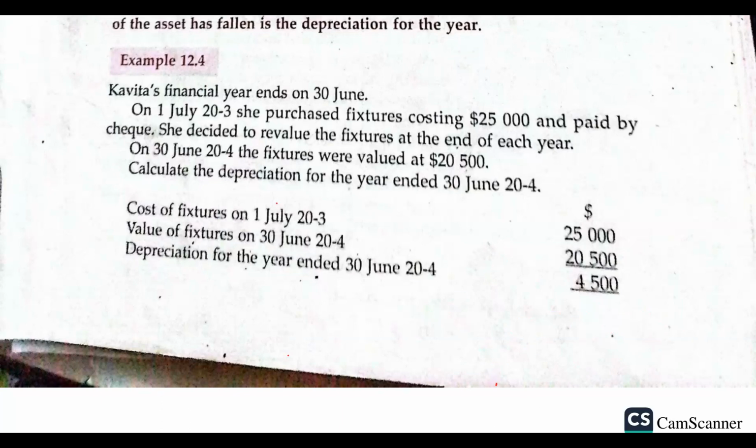You just get the cost at which you bought the assets minus the revaluation value after some time. That will give you the value that has been lost, which is depreciation. So in this case, we had $25,000 less $20,500, and the value we have is $4,500 as depreciation. Is that okay? Are you okay? Yes. Okay.